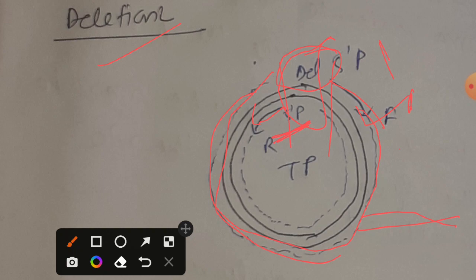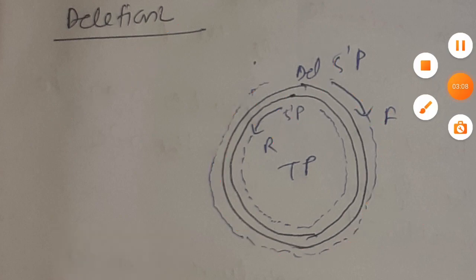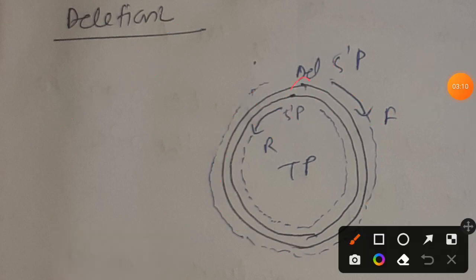So deletion will be incorporated because the nucleotides present in the normal template will not be replicated, as we are placing the primers in such a way that that portion will remain unreplicated. So that is the idea.